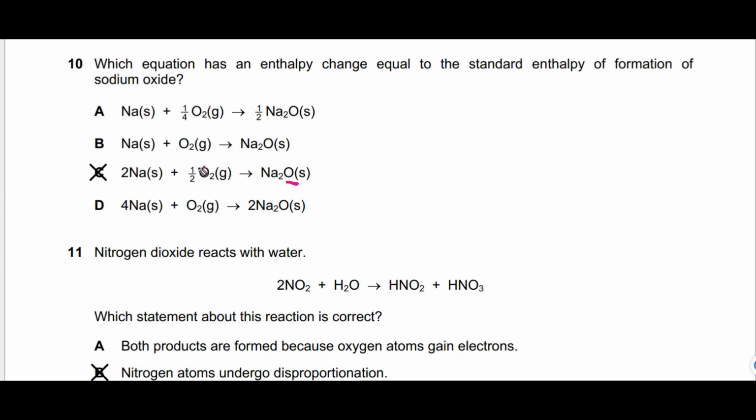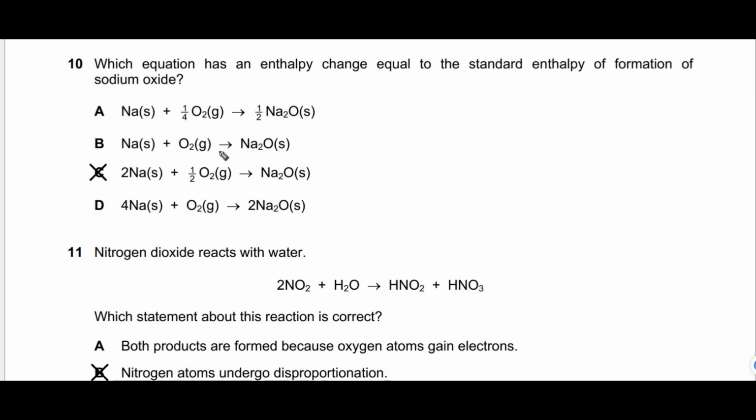If you write O2, you have to write half here, and the oxygen standard state is gas. So 1 mole of sodium oxide is produced from its elements, sodium and oxygen. So the enthalpy change equals the standard enthalpy of formation of sodium oxide. C is the correct answer.